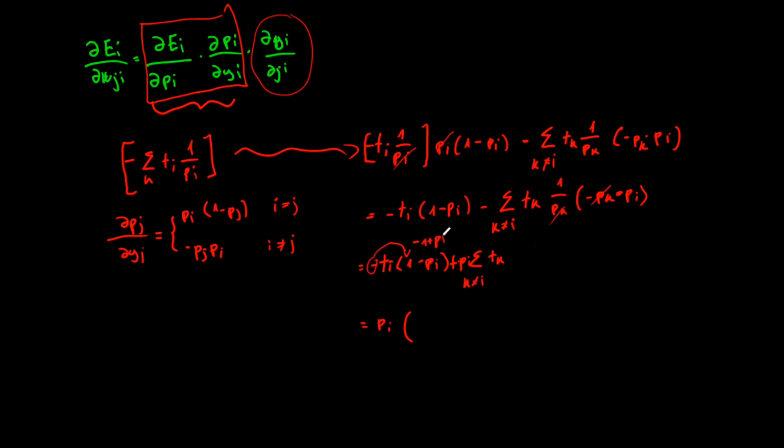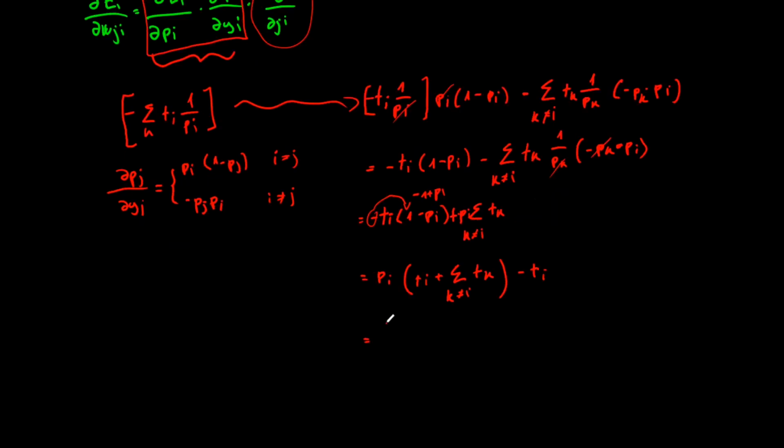And after this we extract this p_i, which is multiplying at both sides here, and then we have t_i plus the summation over all classes except i of t_k minus 1. And finally we get this, which is the same as p_i minus t_i.